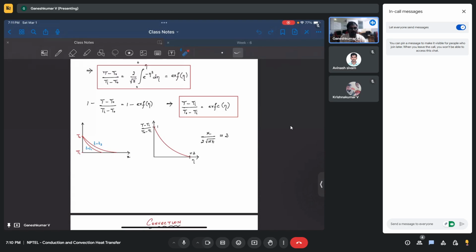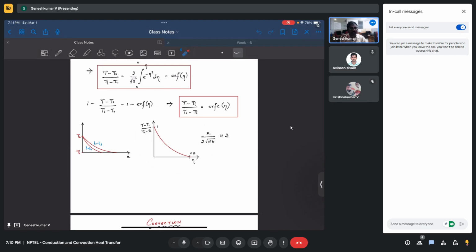But one thing you need to remember is, you should know the governing differential equation, basically the partial differential equation that you derive from the energy equation. You should be very good at deriving it. If you derived it properly, then you can even do a numerical analysis to get this profile. That is not a very big problem.